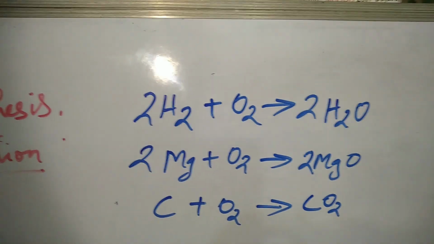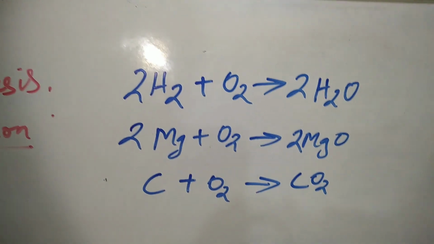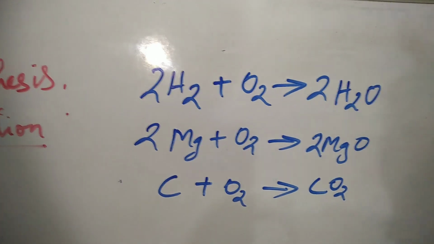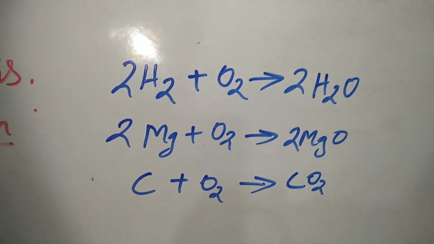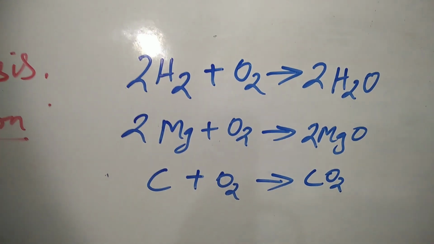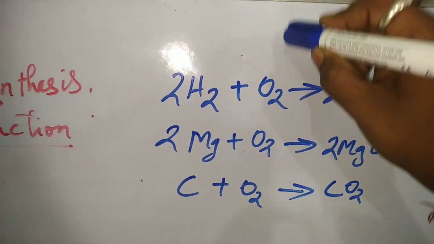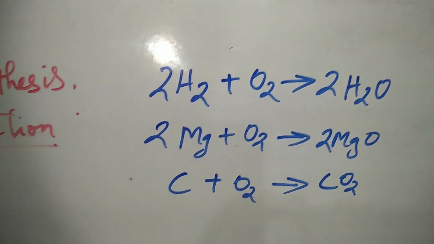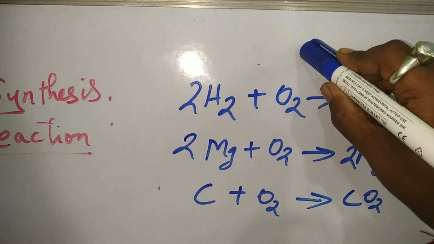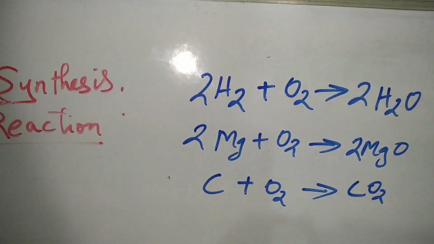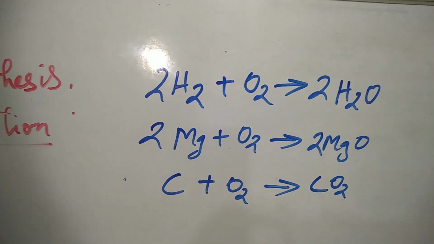These three reactions also come under combustion reaction. What is combustion reaction? I will give a detailed video on combustion reaction, but for now understand that in a combination or synthesis reaction, when one of the reactants is oxygen, it is termed a combustion reaction.